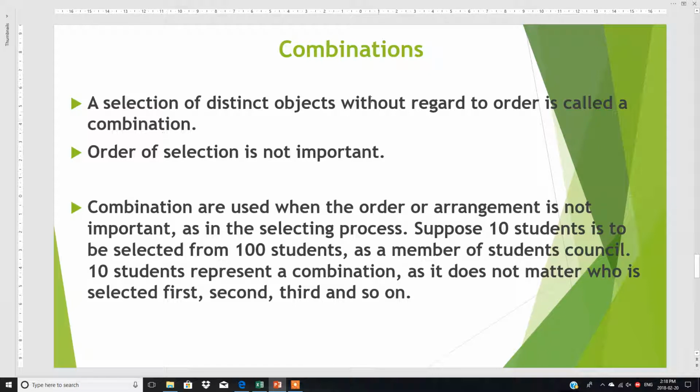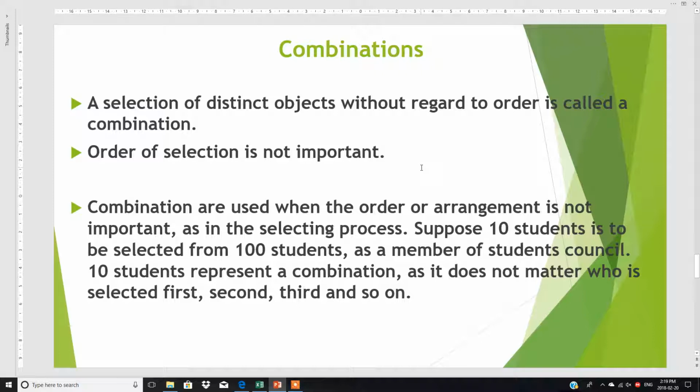So here is the definition of combinations: a selection of distinct objects without regard to order is called a combination. In a combination, there is no need for a specific order. Suppose we have two events A and B. If I write A, B or B, A, in combination both have the same meaning.